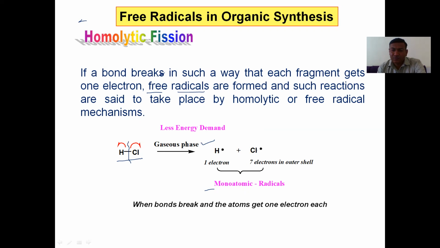So 7 electrons in the outer shell of chlorine and 1 electron in hydrogen. So these are monoatomic radicals. When bonds break and the atoms get 1 electron each, this is homolytic fission. Understand how free radicals will be formed.